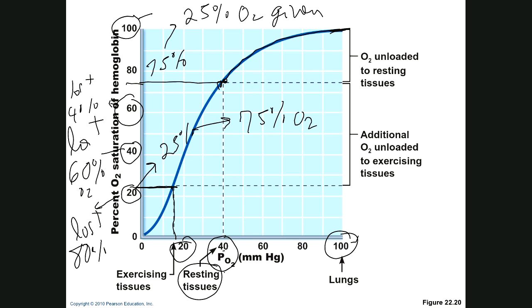So we have lowered the concentration of oxygen by half, and we have tripled how much oxygen that tissue gets. The reason is, again, you lose one molecule, the other three follow. Also, under these conditions there's a high temperature, low pH, low oxygen, high CO2, which changes the shape of the hemoglobin so as to allow it to give up more oxygen.